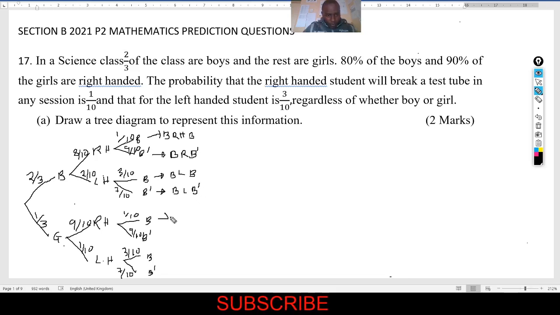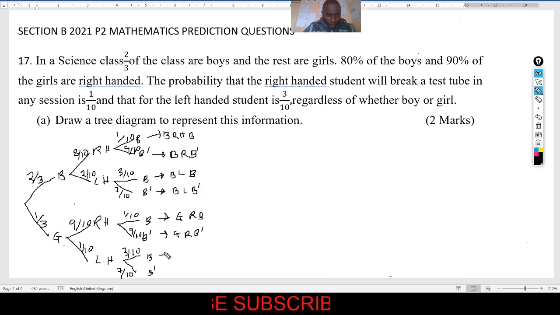Here you have a girl, right-handed, breaking. Girl, right-handed, not breaking.